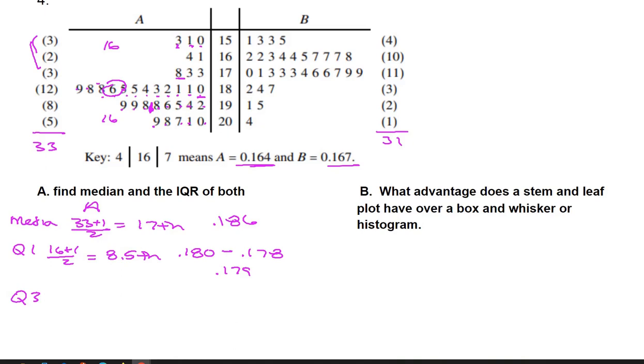So that gives me a Q3 of 0.198. And so if I want to find my IQR, it's going to be 0.198 minus 0.179.